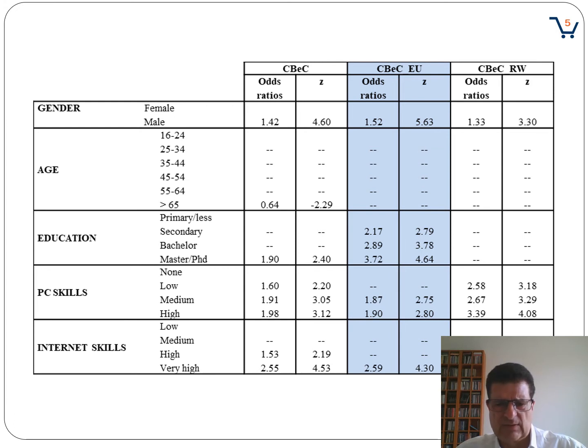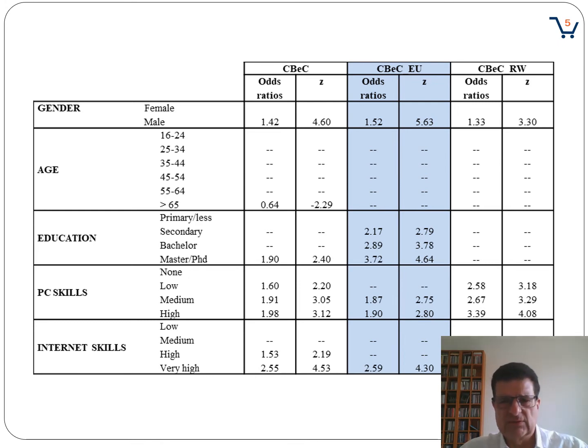So in this particular case, we see that 1.60, 1.91, and 1.98 are significant, are above 1, and therefore PC skills has a strong and positive effect on buying cross-border e-commerce. The same is true for internet skills, which is high and important for cross-border e-commerce.